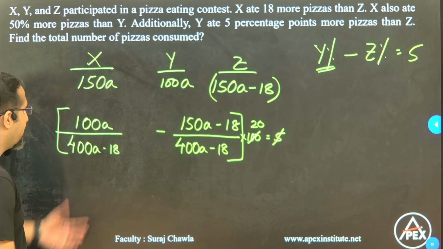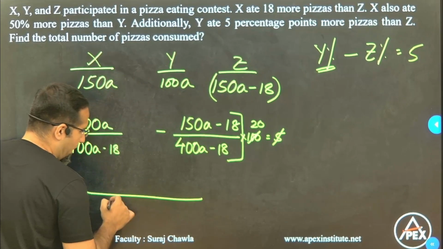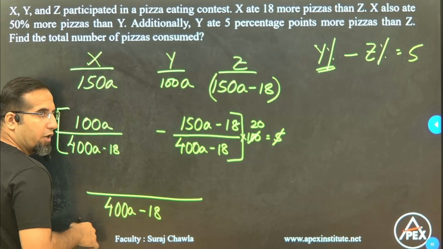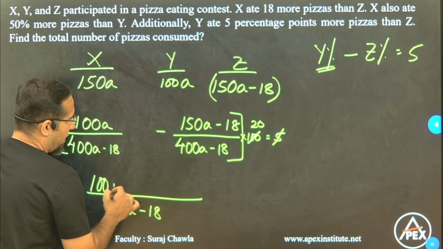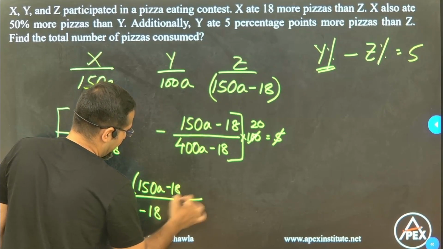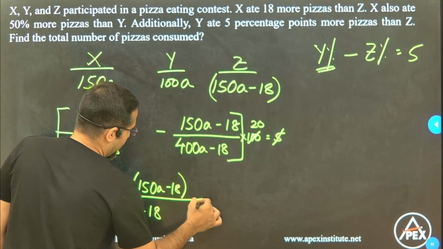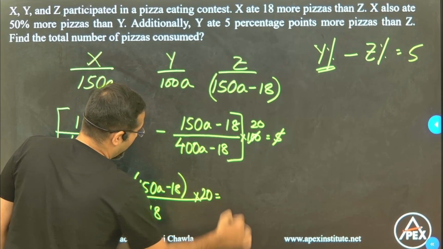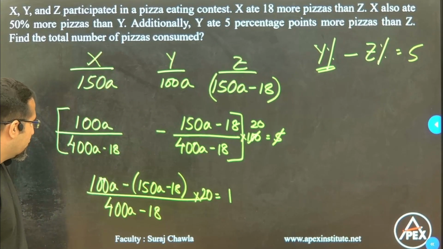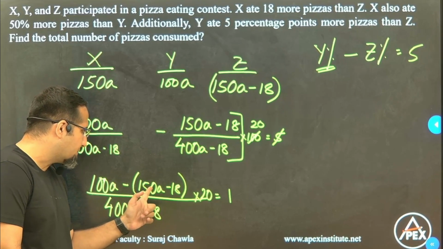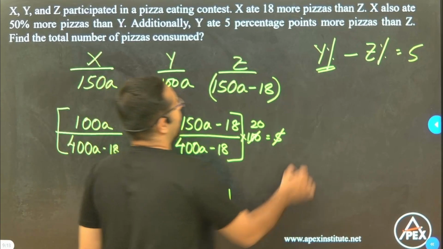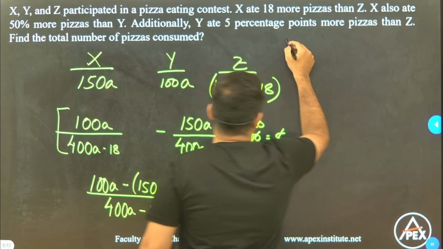Clear? अब डिनोमिनेटर तो सेम है दोनों का, तो डिनोमिनेटर जो आपका आ जाएगा वो 400A माइनस 18 का हो जाएगा. न्यूमरेटर जो है वो हो जाएगा 100A माइनस ऑफ 150A माइनस 18. दिस इनटू 20 इज इक्वल टू 1. क्लियर? तो यहां का वैल्यू क्या हो जाएगा? प्लस 18 एंड माइनस 50 हो जाएगा इनटू 20. So plus 18 into 20 will become, or let me write it here, simplify that.